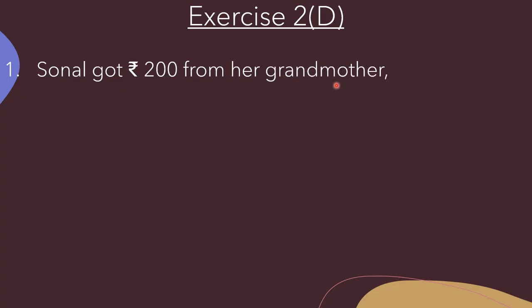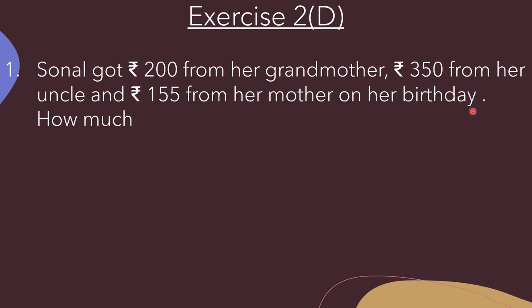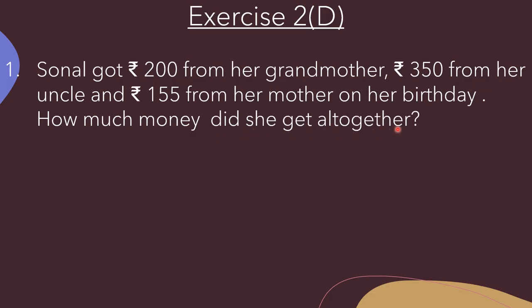Now exercise 2D word problem sums. Question number 1. It is given Sonal got rupees 200 from her grandmother, rupees 350 from her uncle and rupees 155 from her mother on her birthday. How much money did she get altogether? So to find out the total money, we need to add the given amounts.